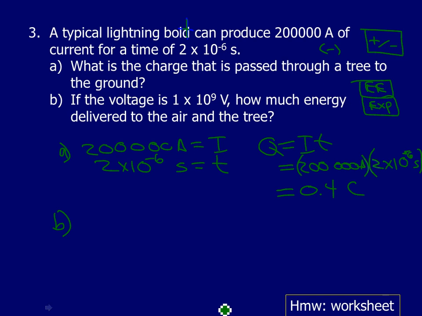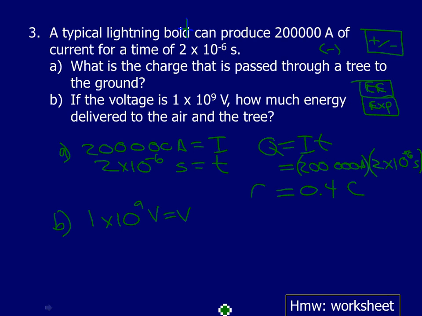You have the volts. 1 times 10 to the 9 volts equals V. What about the other two? Well, what did we learn from the previous question? We know 0.4 is coulombs, which is what symbol?